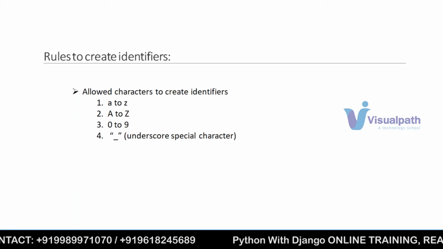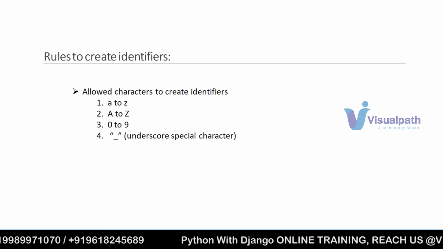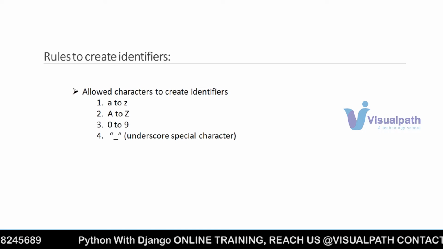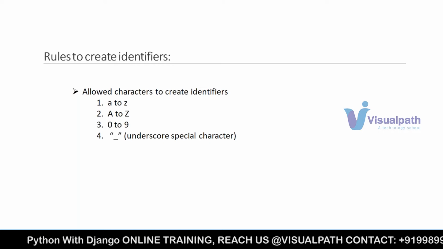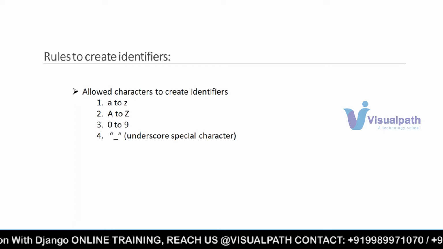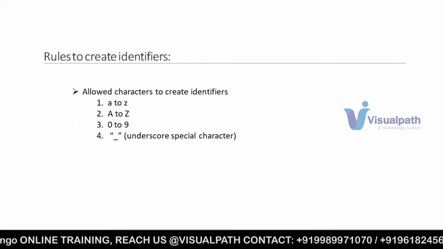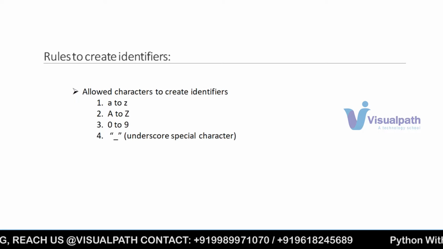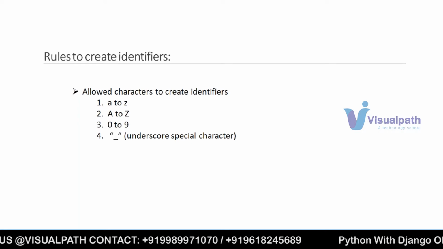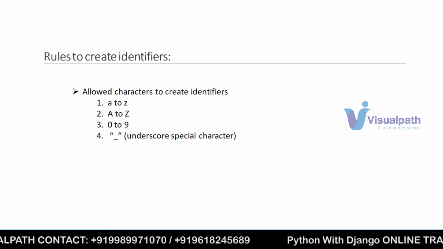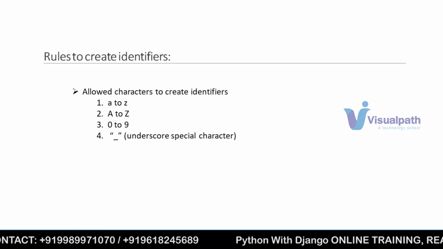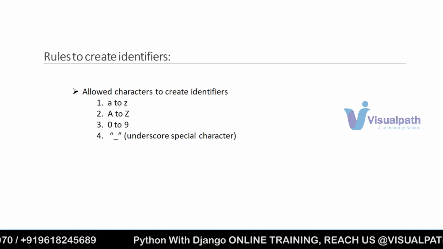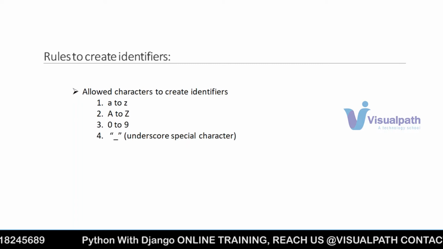So small letters, capital letters, numbers, and the only allowed special character is underscore. The allowed characters to create any identifier are small letters, capital letters, numbers, and the only allowed special character is underscore.